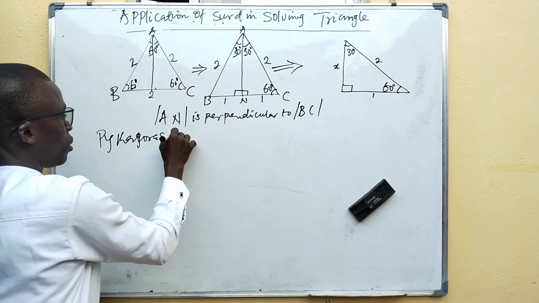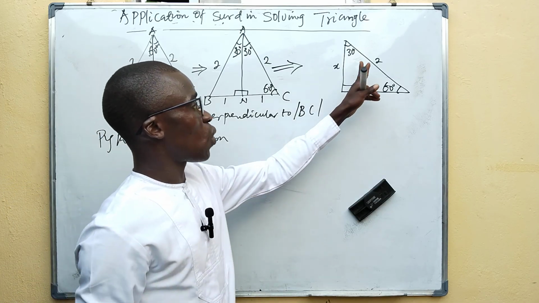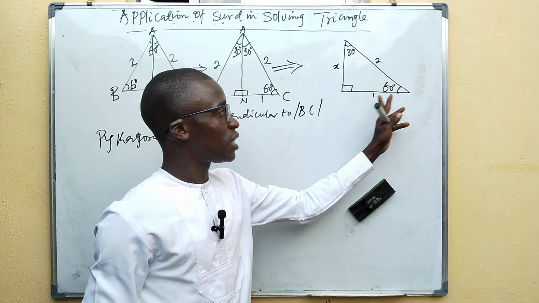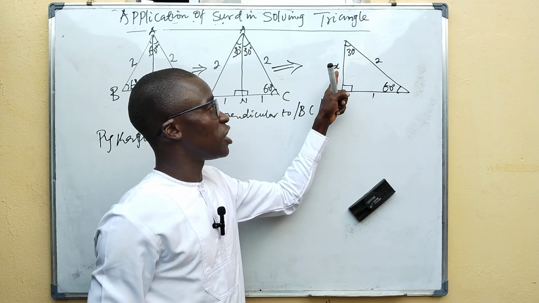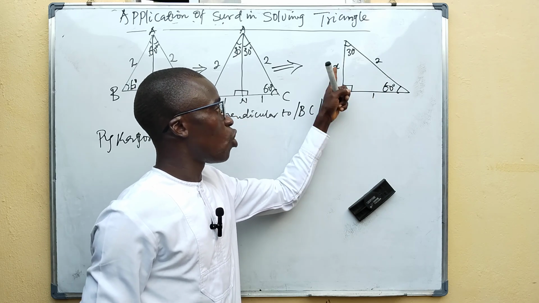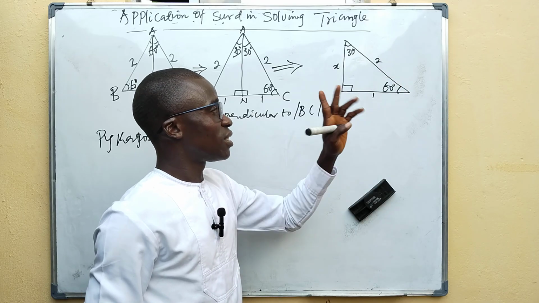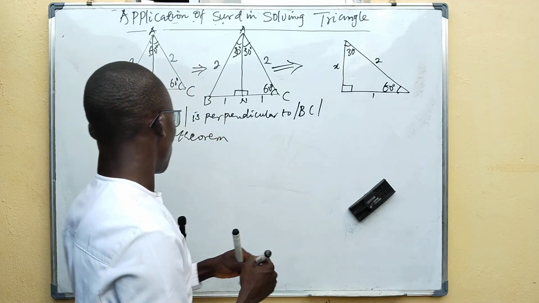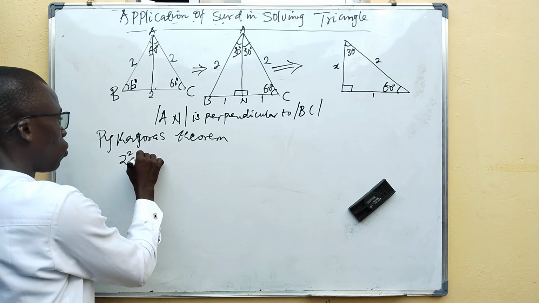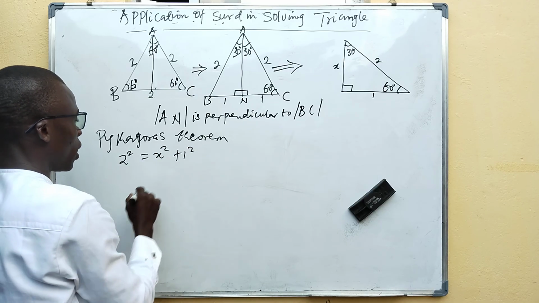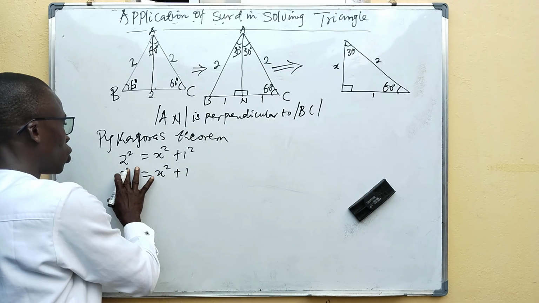Pythagoras theorem states that the square of the longest side of a right angle triangle is equal to the sum of the squares of the two other sides, which are opposite and adjacent. What do I mean by that? 2 squared will be equal to x squared plus 1 squared.